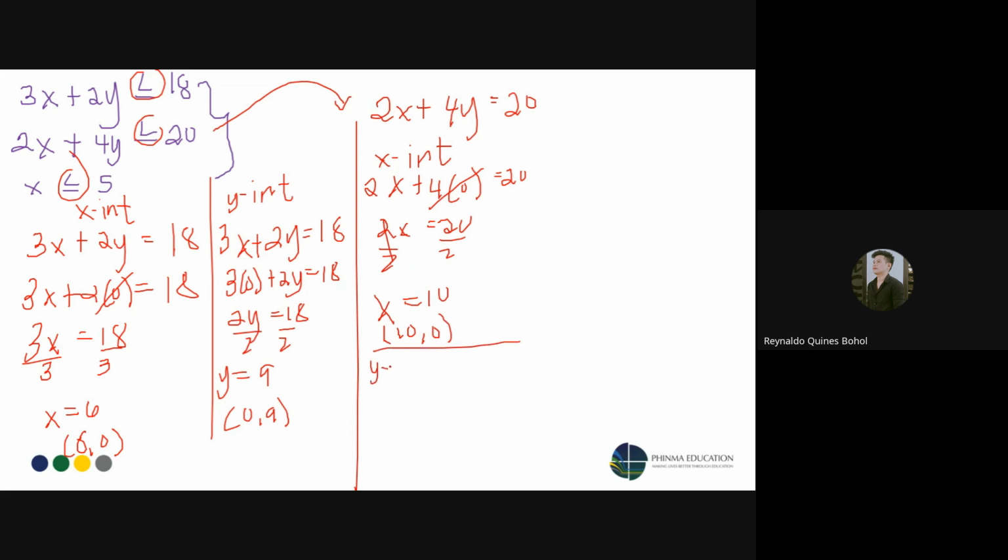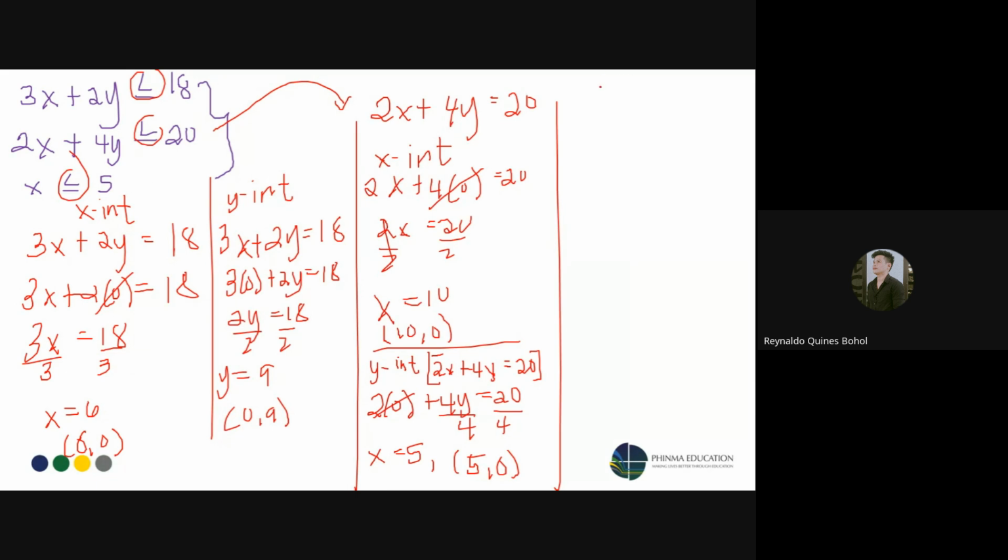Next is for the y-intercept. 2x plus 4y is equal to 20. Since we're looking for the value of y-intercept, let x is equal to 0, so 4y equals 20. Divide natin ito by 4, then y is equal to 5. And the ordered pair is 0 and 5.